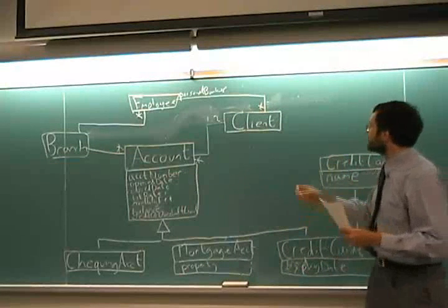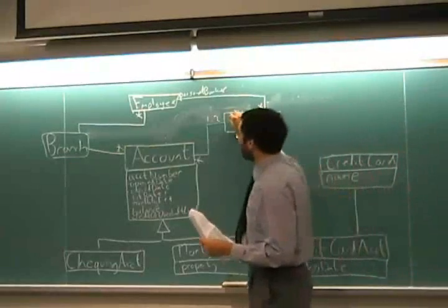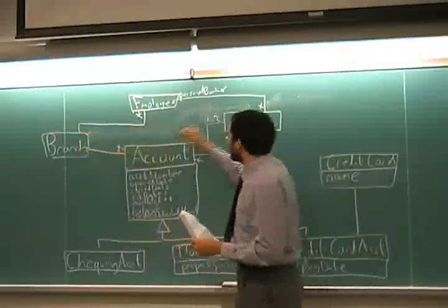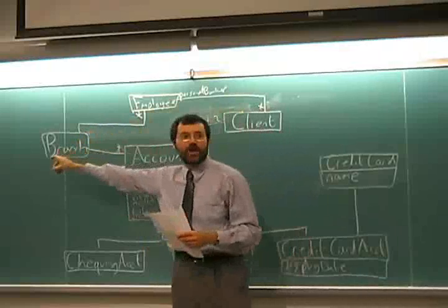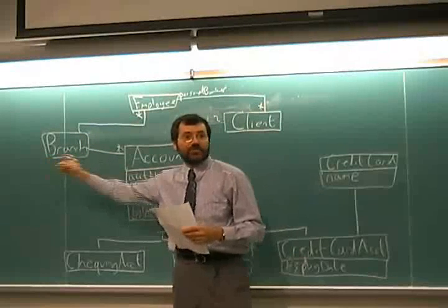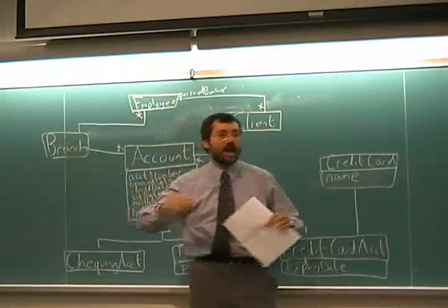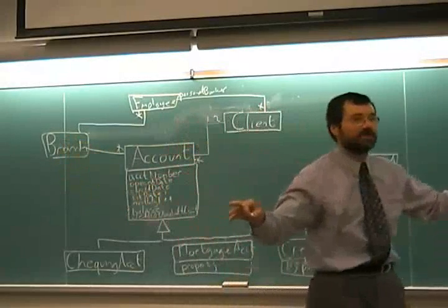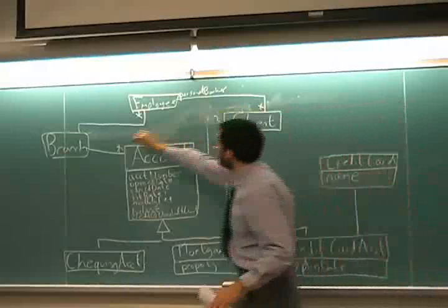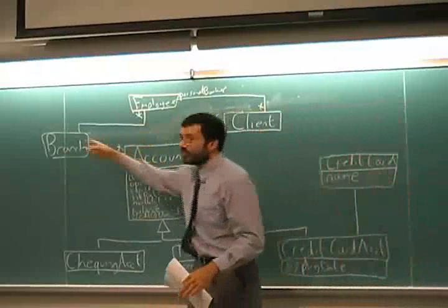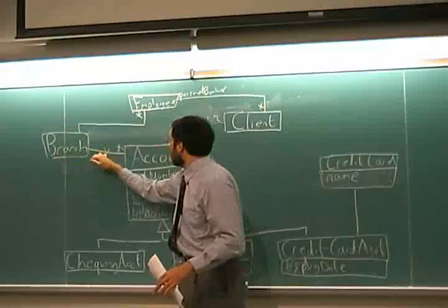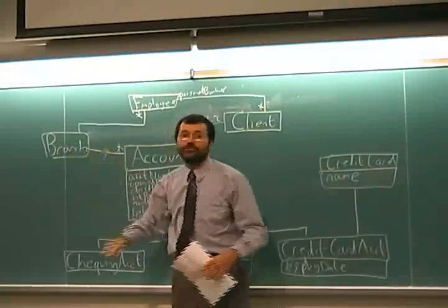That is a very strong association. He's suggesting we just associate the client with the branch. But the problem is that a client can be associated with many branches, whereas an account is uniquely tied to a given branch. I can open bank accounts in many different branches, and if I took this out, I wouldn't know which account was in which branch. So I definitely need to have this association here.